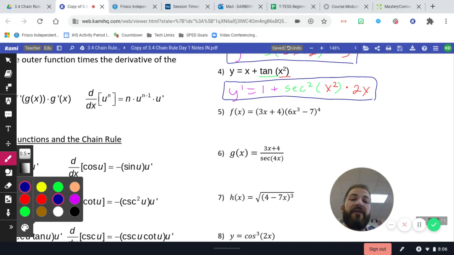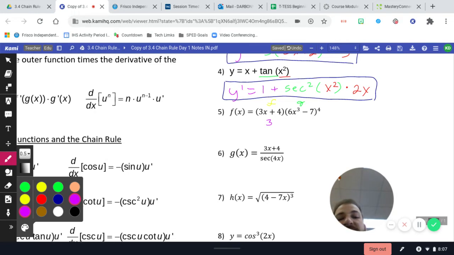All right, number 5, we have f of x is equal to 3x plus 4 times 6x cubed minus 7 to the 4th. So we have multiplication going on. And when I try to derive each of these, one of them is going to have chain rule. So we have our f and our g. The derivative of 3x plus 4 would be just 3.